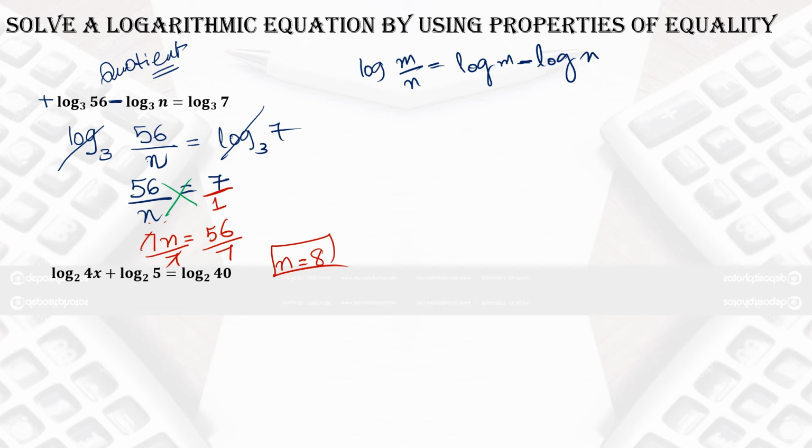Let's try another question, in which log base 2 of 4x is separated with a positive sign from log base 2 of 5, equals log base 2 of 40.